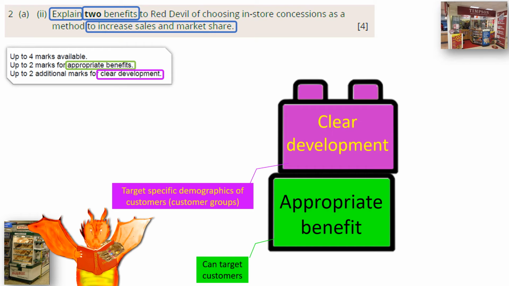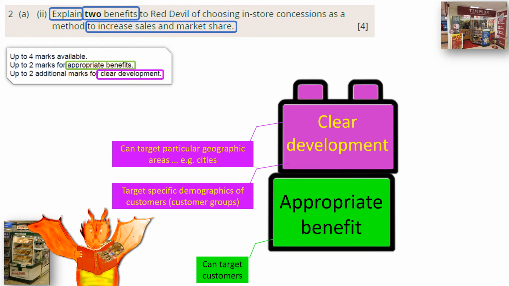All of these things are part of demographics. You can also look in for targeting in terms of geographic areas, whether you're looking at having your concession in a city or maybe in a suburban, in a country area, or in an out-of-town retail area, out-of-town retail park, that is. So that's given you a way to take the green statement, basic statement of a benefit, and then how to develop it.